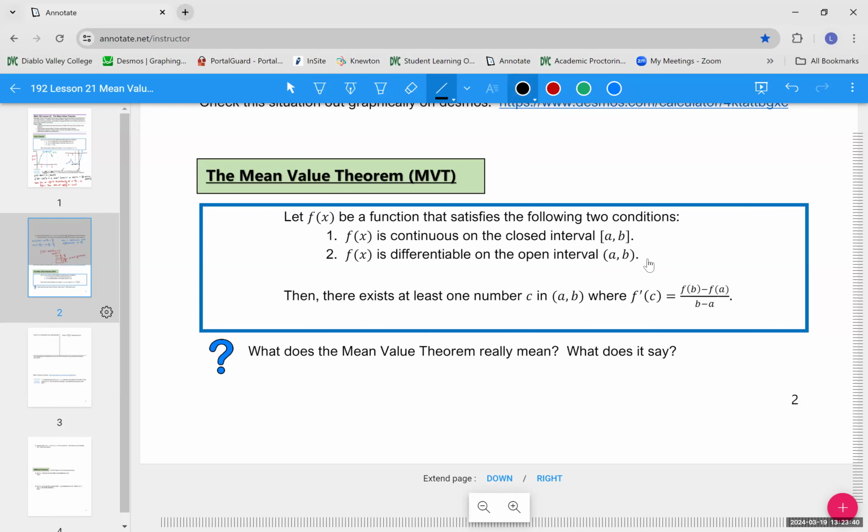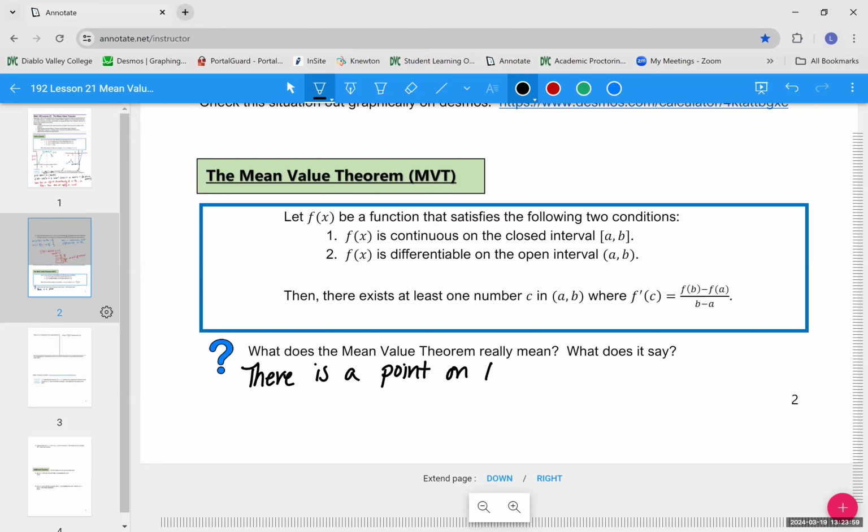So what the mean value theorem really says is, the conclusion, I guess I should say, is this.